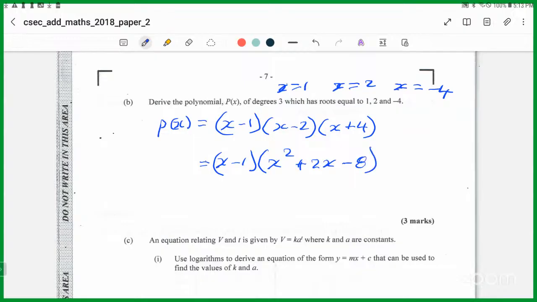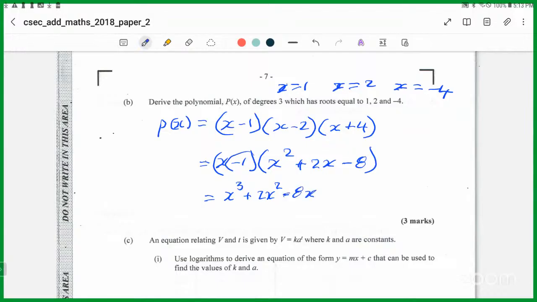Now, to expand this, I'm going to use these two and multiply those 3 values. Using the x first: x times x squared is x cubed, and x times 2x is plus 2x squared, and x times the negative 8 is minus 8x.